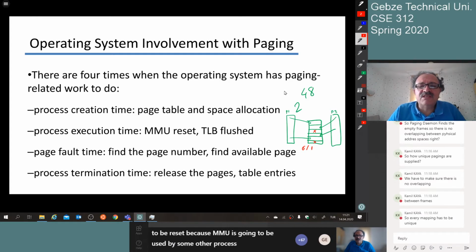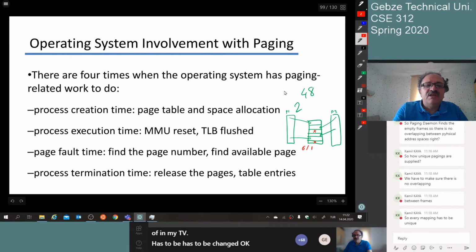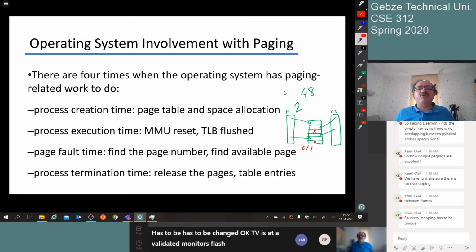So all the registers in my MMU and all the values in my TLB have to be changed. The TLB is not valid anymore; it is flushed, and the page table pointed to by the MMU registers has to be reset. So this is the second time during the execution of the program the operating system is involved with paging.